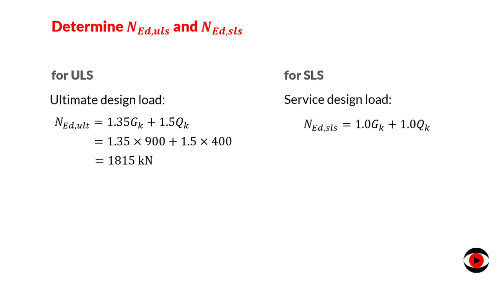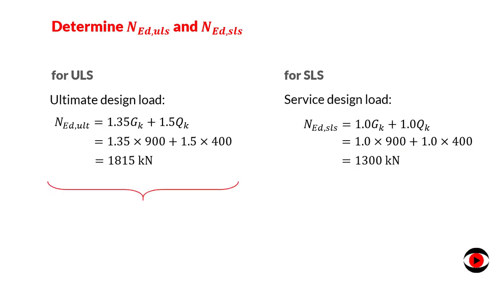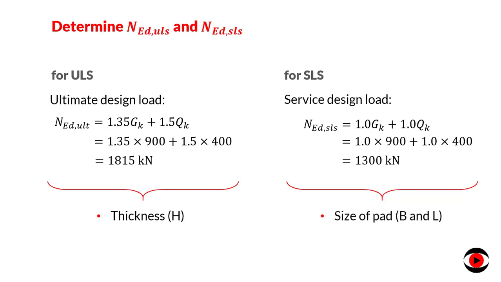When we substitute the characteristic permanent and variable loads, we obtain 1300 kilonewton. As mentioned earlier, the ultimate limit state will be used to determine the thickness of pad, while the service limit state will be used to determine the size of pad, that is, the breadth and length of pad.